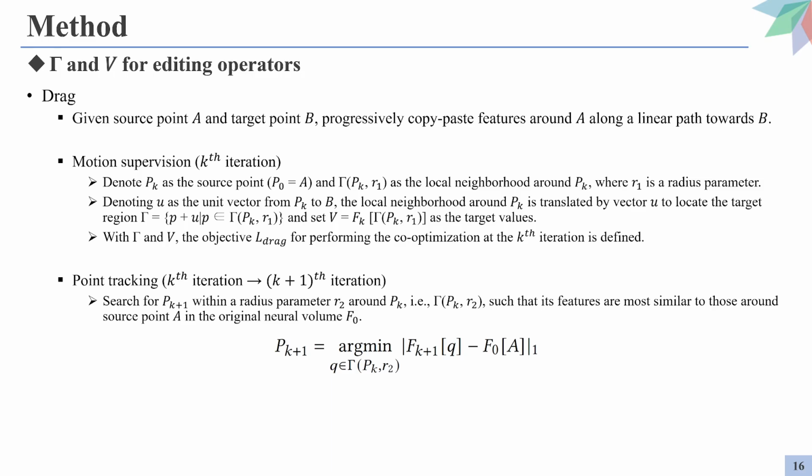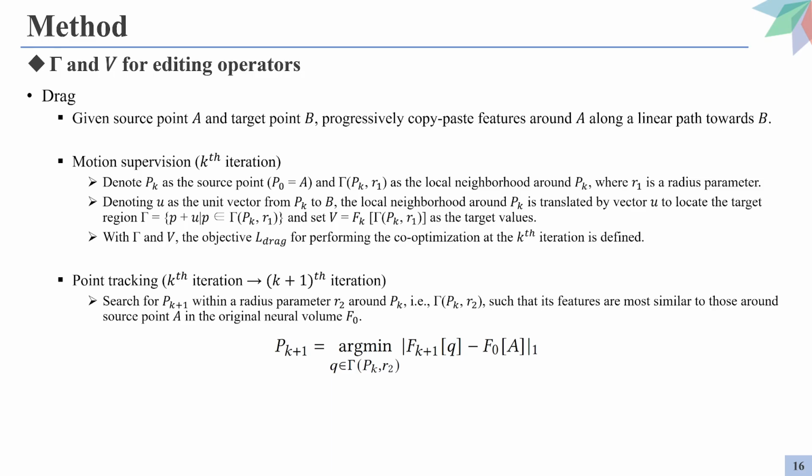In the motion supervision step, we find the local neighborhood coordinates based on the radius parameter r1. Then we translate the neighbors by the vector u, which is a unit vector towards the point B from the current point, to define the gamma. The target features V are set as the features of the current neighbors and are copied to the targets in gamma.